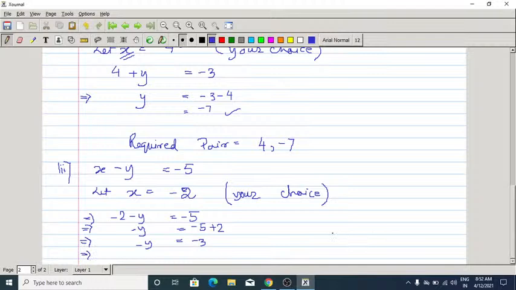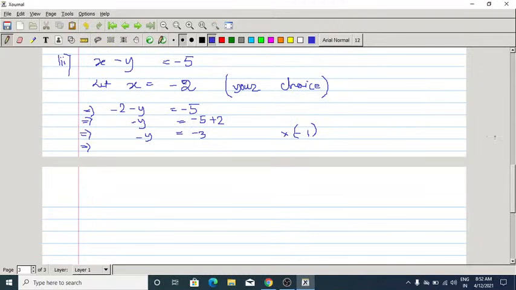Now if you multiply this equation with minus 1, in order to remove the negative sign before y, what will you get? Y is equal to 3.